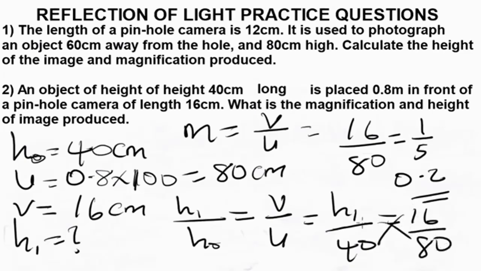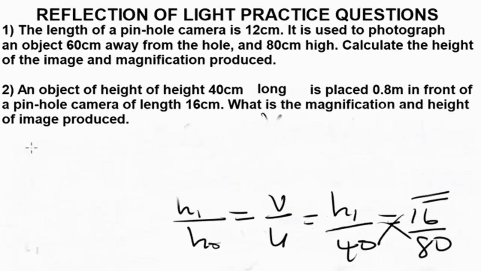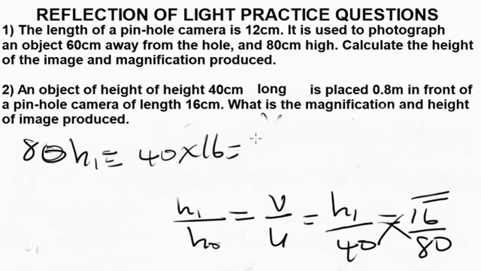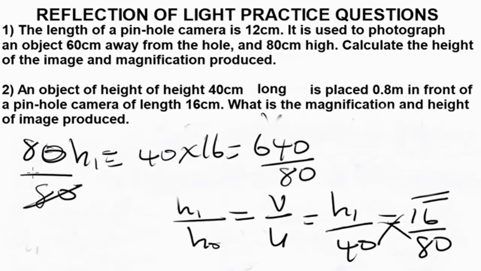When you cross multiply, we're going to have 80 hi equals 40 times 16, which gives us 640. To make hi the subject of the formula, divide both sides by 80. So this cancels this, and our hi will be 640 over 80, which gives us 8. So the image height is 8 cm.